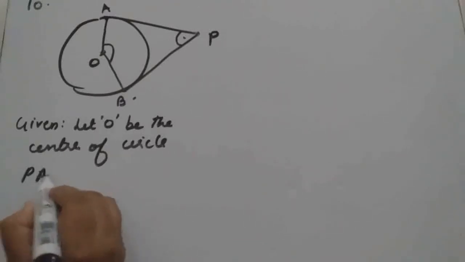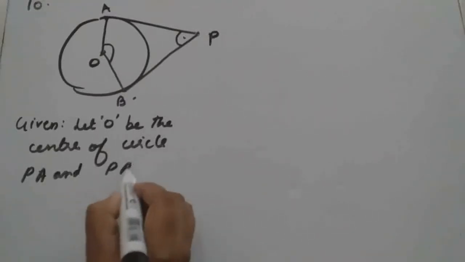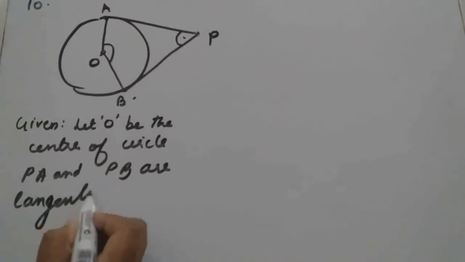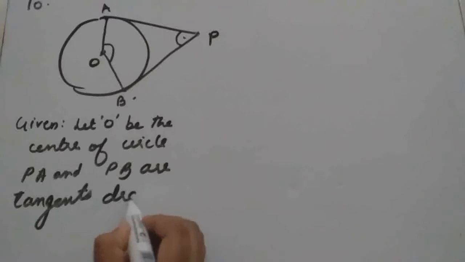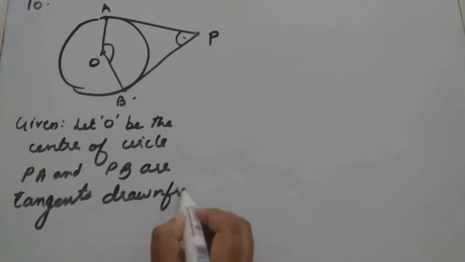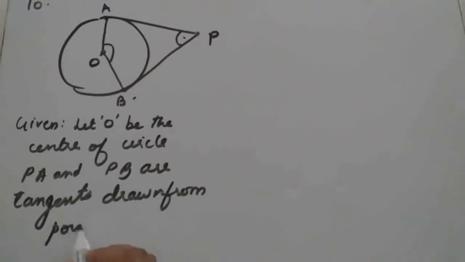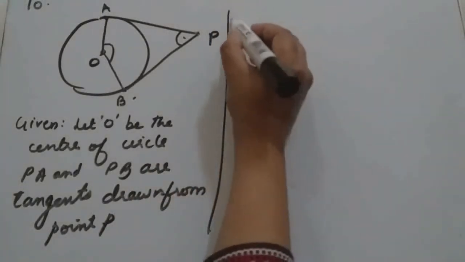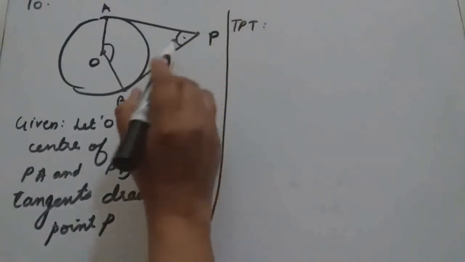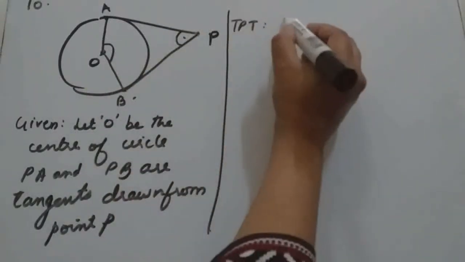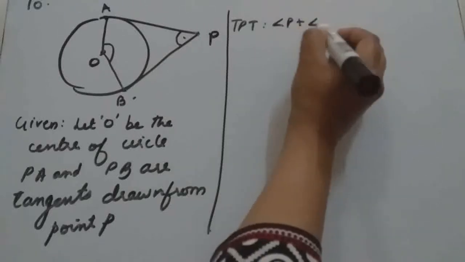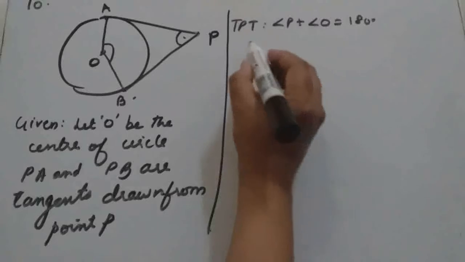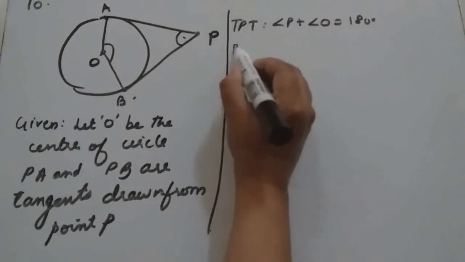And PA and PB are tangents drawn from point P. What we have to prove? We have to prove that these two angles, suppose angle P and angle O, sum is equal to 180. Supplementary means 180. So now proof.